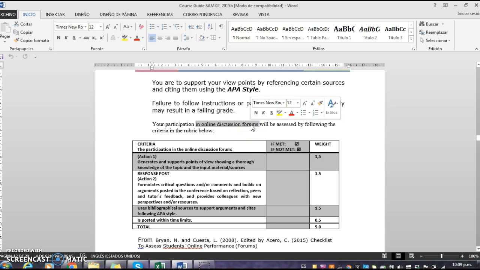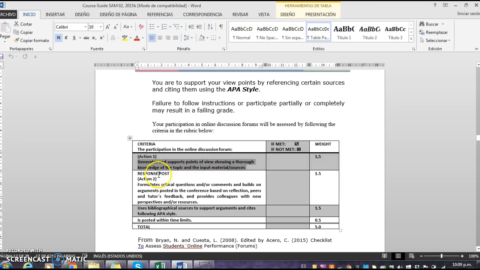One of the important grades that you have was the participation in the online discussion forums. Remember that this is a very important grade since it is like the main learning environment. Initially, you have to generate and support points of view showing knowledge of the topic and the input materials, formulate questions and comments on arguments to what your colleagues post, use bibliographical sources to support what you are saying, and post within the time limits.